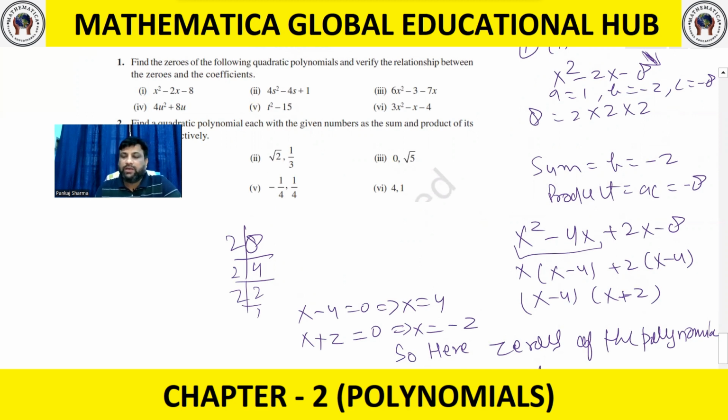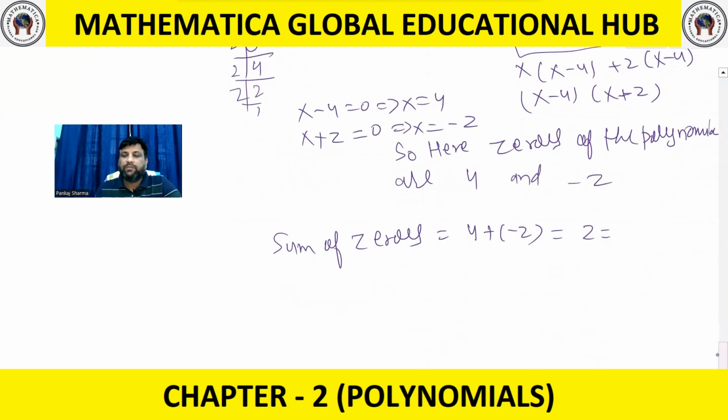So we can say that this is equal to minus coefficient of x divided by coefficient of x square, because this 2 we can also write as 2 by 1.